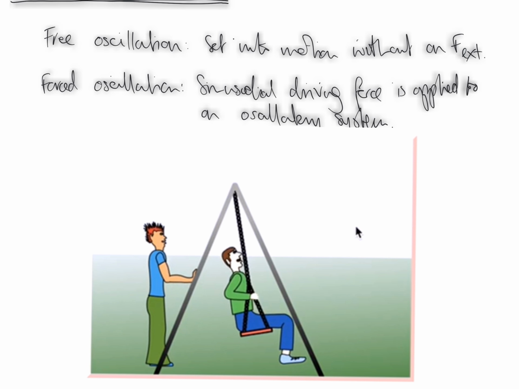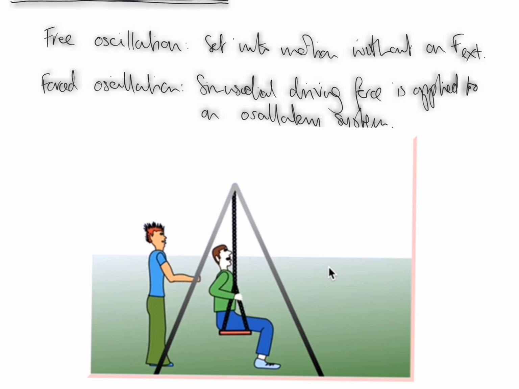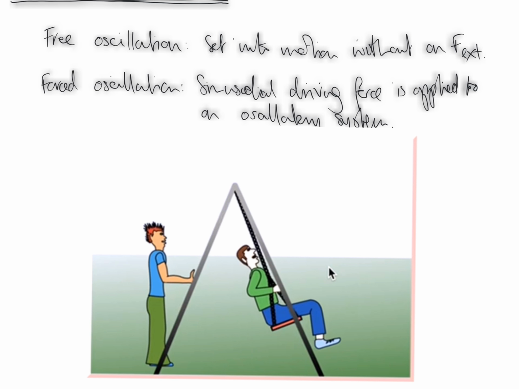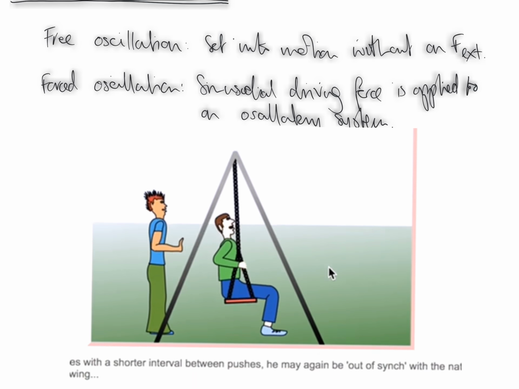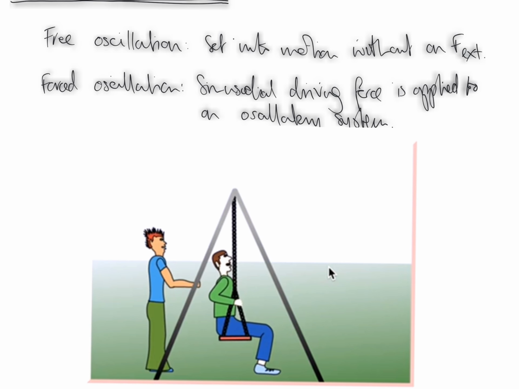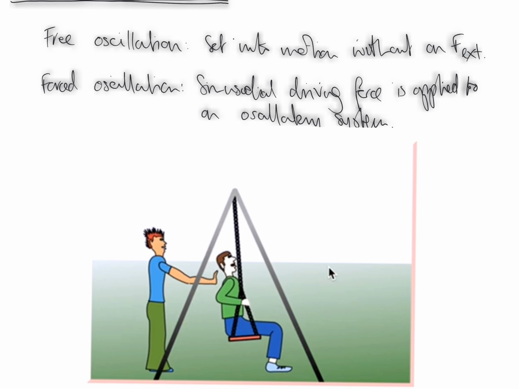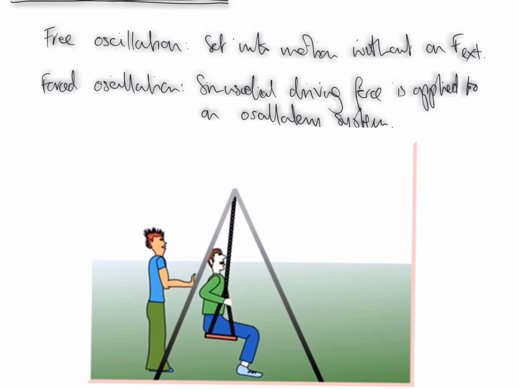However, this is an extreme example of what happens if you start pushing them not when they're coming back to you, but too early. So we'll just take a look at this. This is again, push them, and then you're pushing them again, or missing them, and then pushing them a different time. The amplitude's not there. And similarly, what happens if you push them, but then you push again when they're not with you? It's all about the timing.